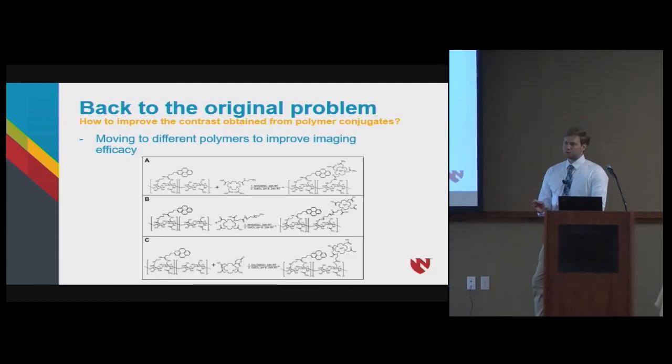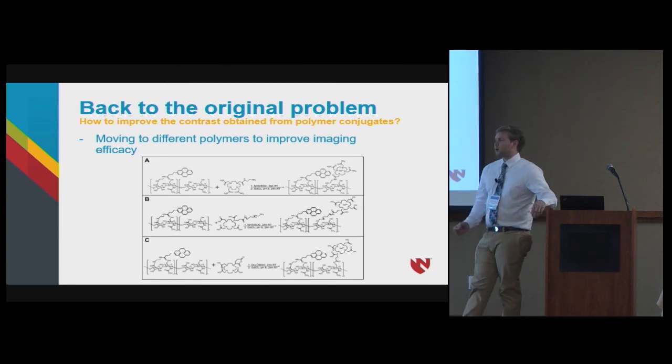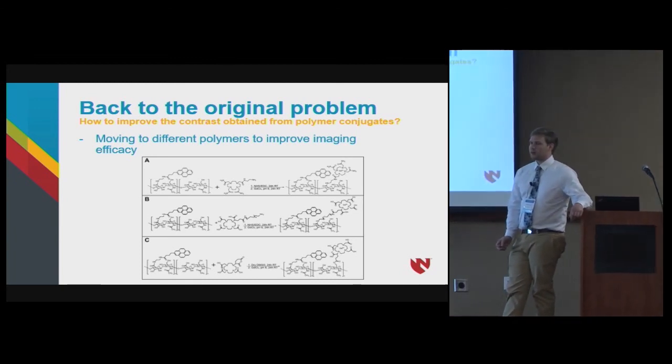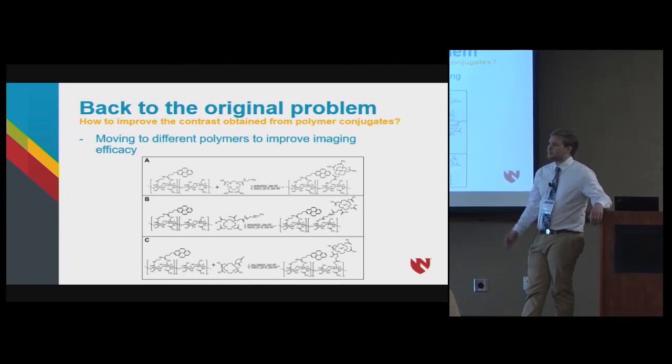So coming back around full circle and going back to the original problem, this is about the very first problem that I encountered, which was how do I get better contrast out of my macromolecular contrast agents? So using simulations and using the insight that I found from these simulation experiments, I've started designing a new series of contrast agents for cancer imaging.